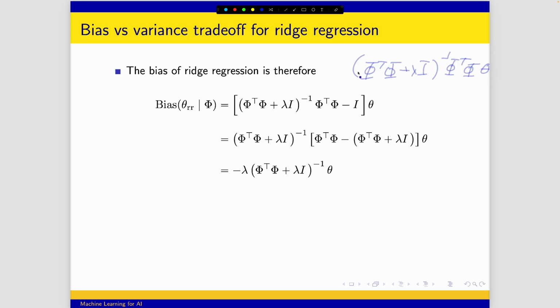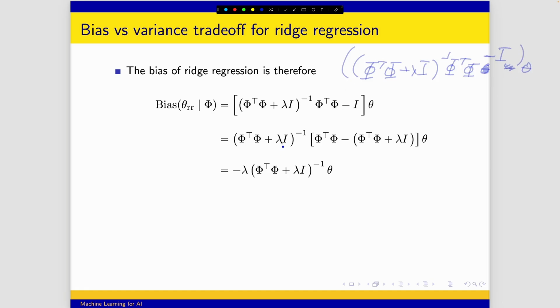And we've got to subtract from this expected value theta, and that will give us the bias of theta ridge conditioned on phi. Well, we can take theta as a common factor and put minus I multiplied by theta, which is what I've done here.